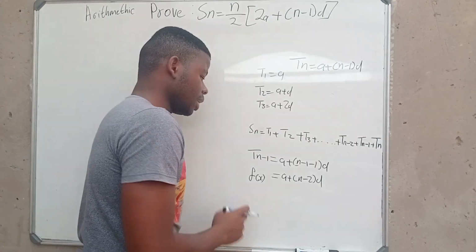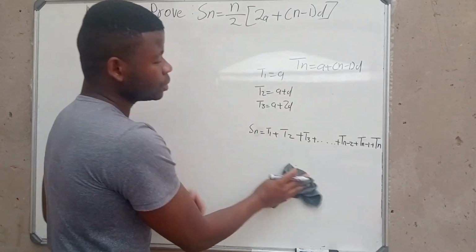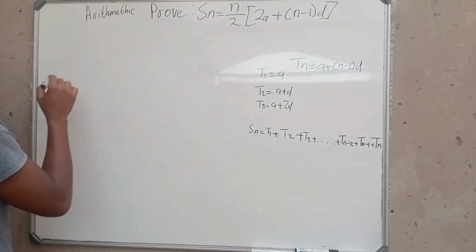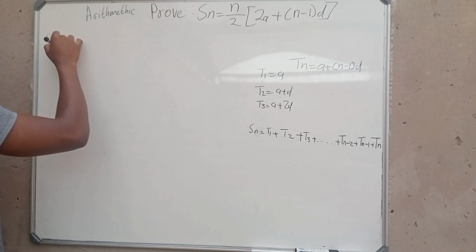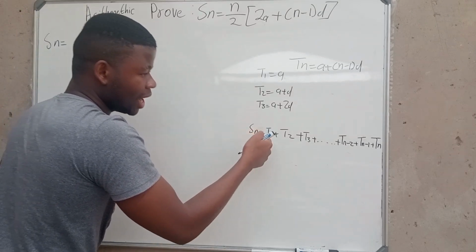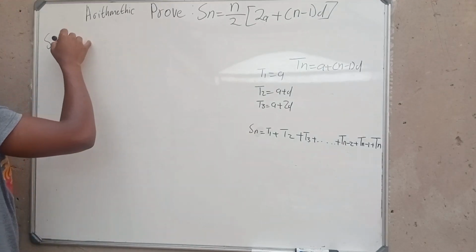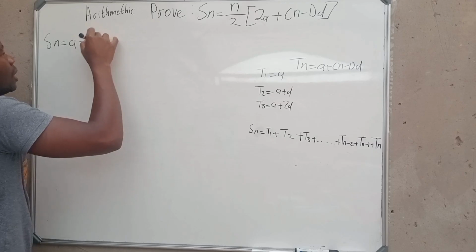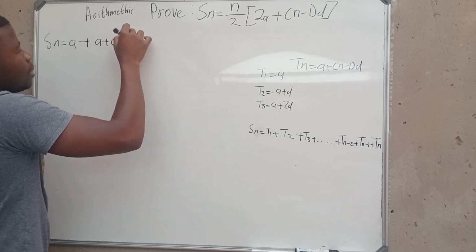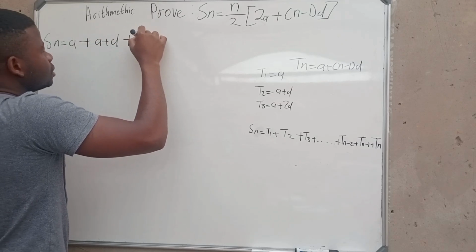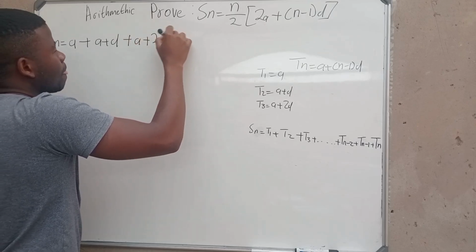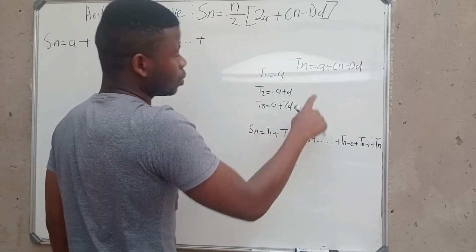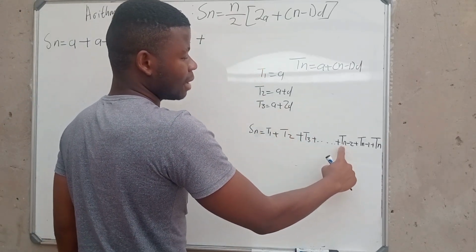You get it? Okay, so now we are going to use this to formulate our sequence, Sn. You see sum, which means we add all of the terms. T1 is A, T2 is A plus d, then A plus 2d, and so on until we go to Tn minus 2.